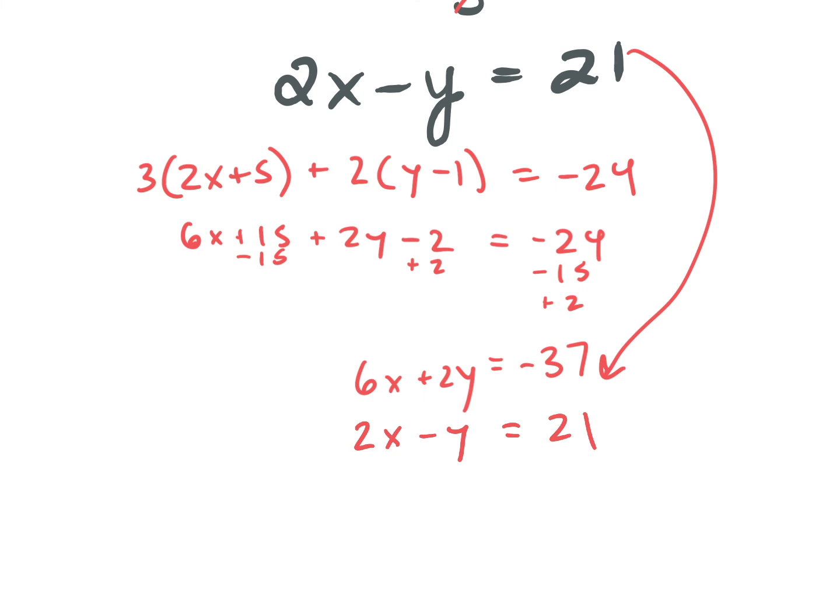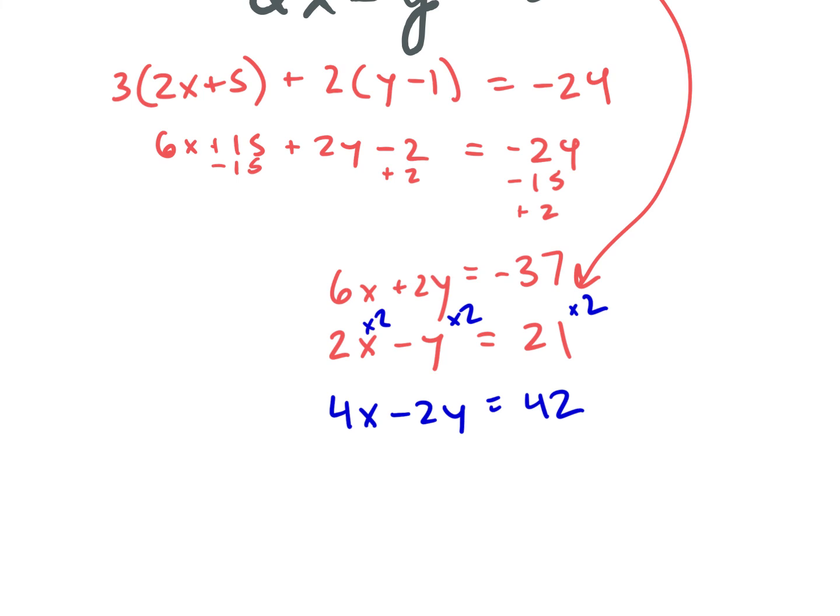Now to solve with elimination, what do I have to do? Multiply the second one times 2. So my new second equation is 4x minus 2y is equal to 42. So I got rid of this.